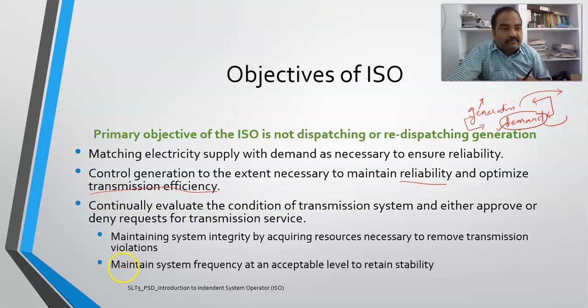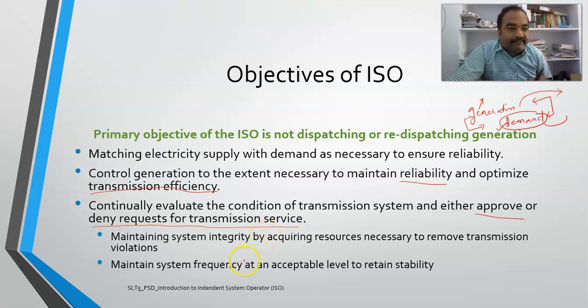At the same time, you are supposed to monitor the condition of the transmission system 24/7, because in a hybrid pool you must cater to the individual demands or the bilateral contracts also. So you should continuously approve or deny requests for transmission services.